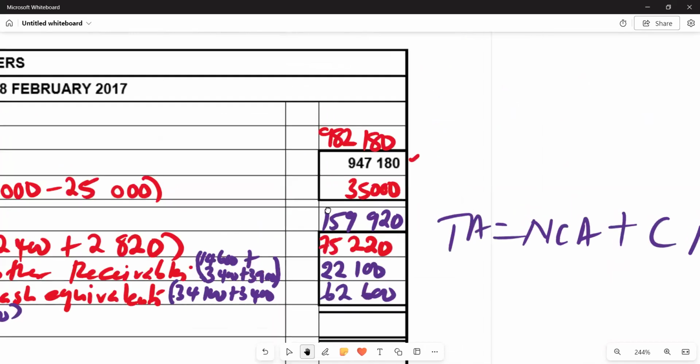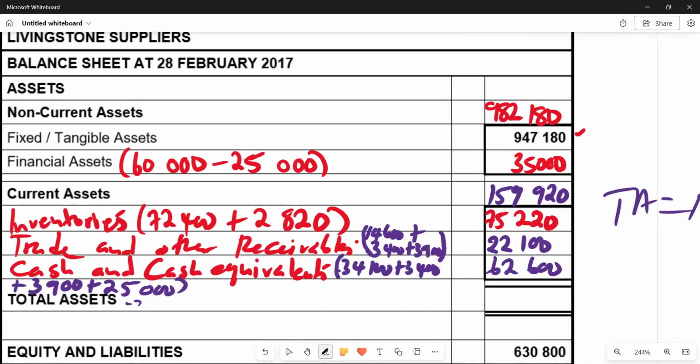For non-current assets, we have got this one, and we add it to the current asset figure total, which is 159,920, and then you get your total asset figure that is going to come here as 1,142,100. So this is going to be your first balance figure.